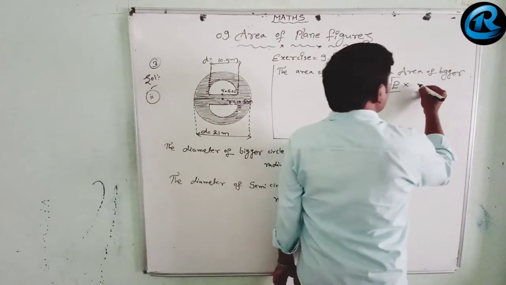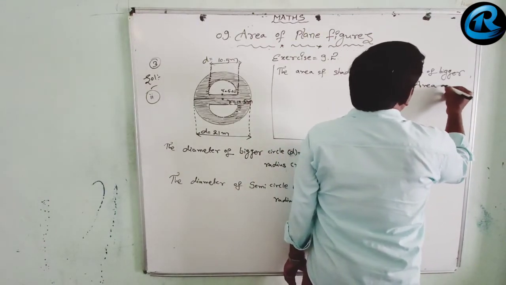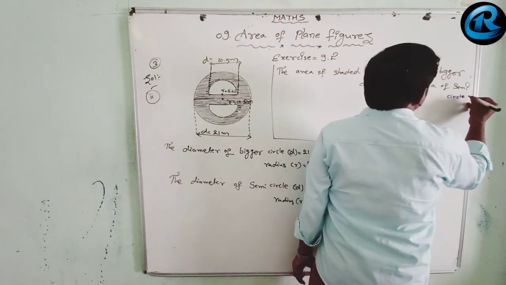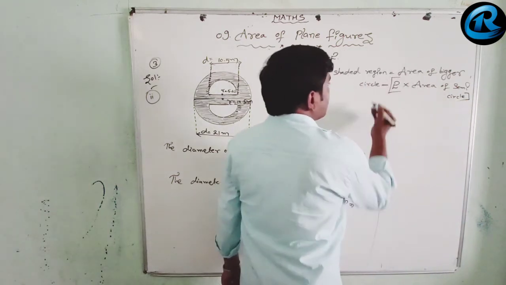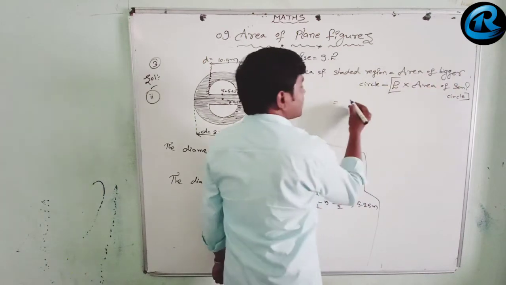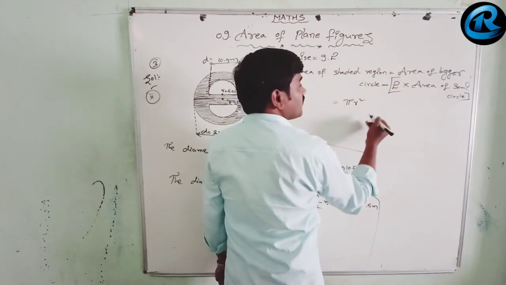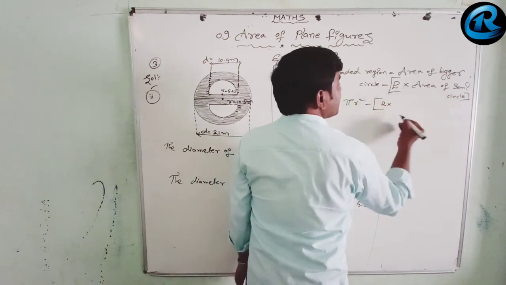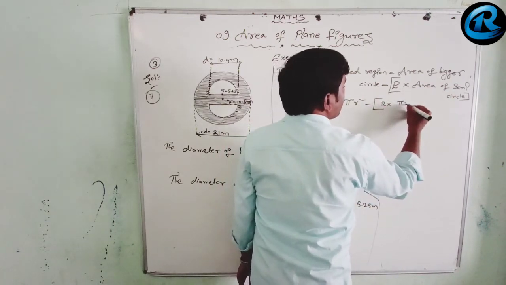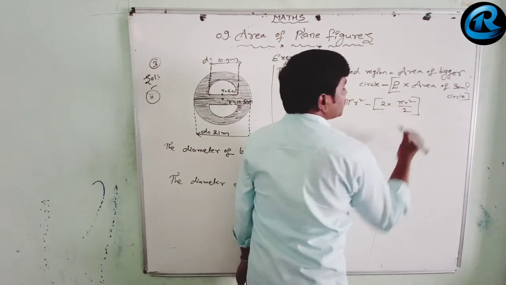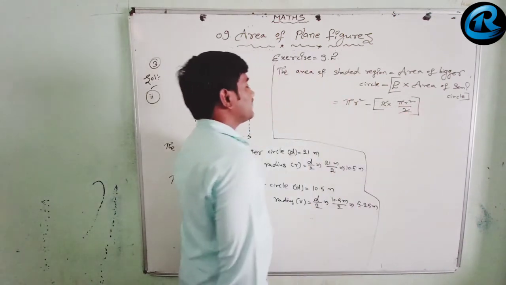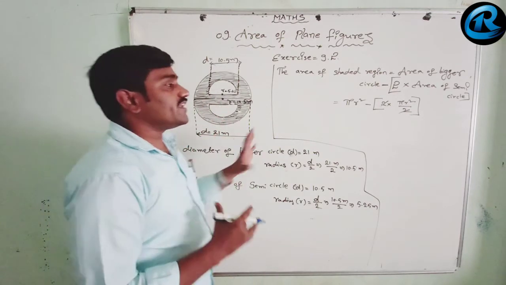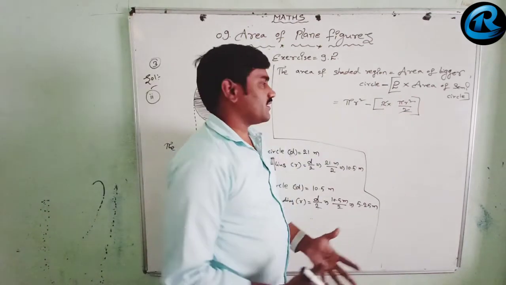So 2 into area of semicircles. Okay. Now we know that area of circle formula is pi r square, minus here 2 into area of semicircle, formula pi r square by 2. So 2 gets cancelled. See, when two semicircles are added, it will be equal to one complete circle, that is pi r square.